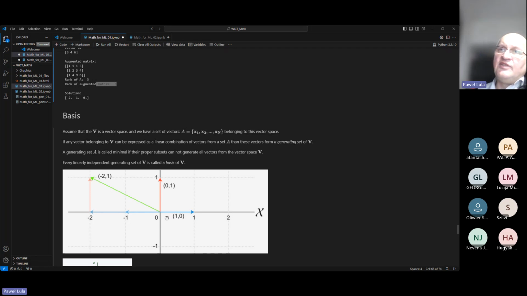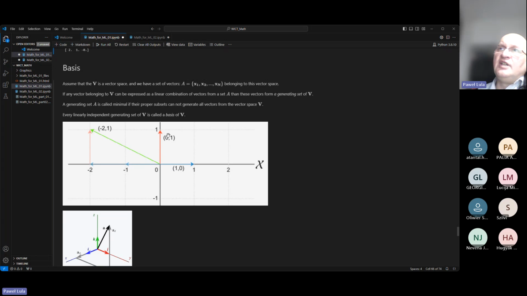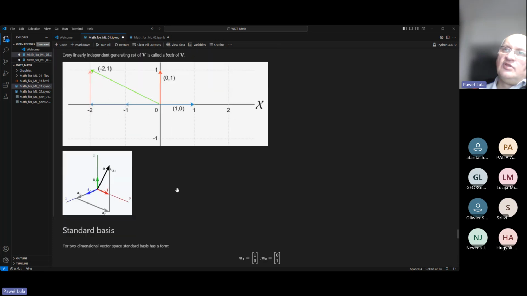This basis, which I have here, is called a standard basis, because coordinates of these vectors have a form which we see here. 0 values, and in the first vector we have 1 on the first position, and in the second vector we have 1 on the second position.